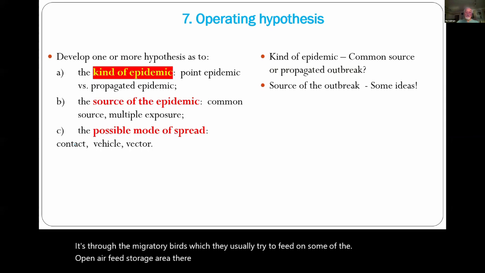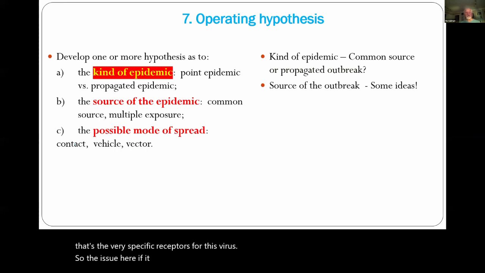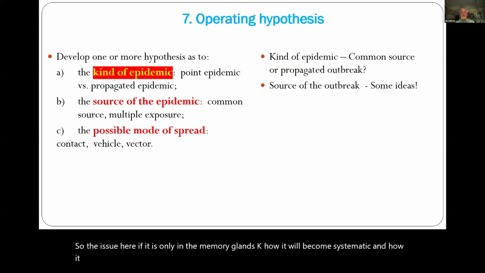There is another hypothesis that the virus is mainly in the udder, okay, because they identified a receptor in specific epithelium cells in the mammary gland, and those are very specific receptors for this virus. So the issue here, if it is only in the mammary glands, is how it will become systemic and how it gets to the mammary glands.